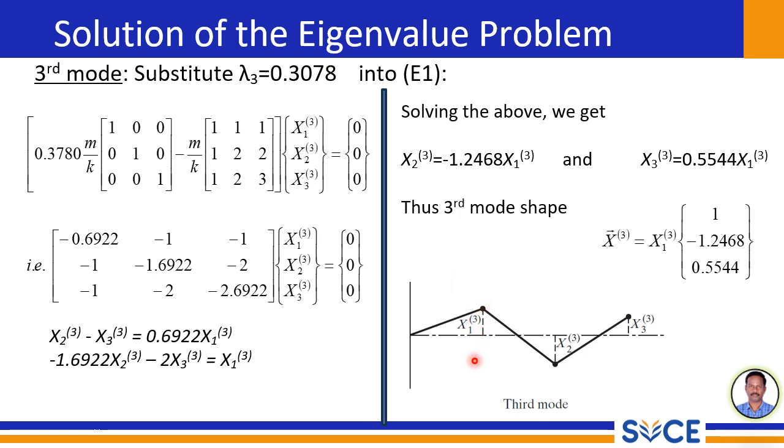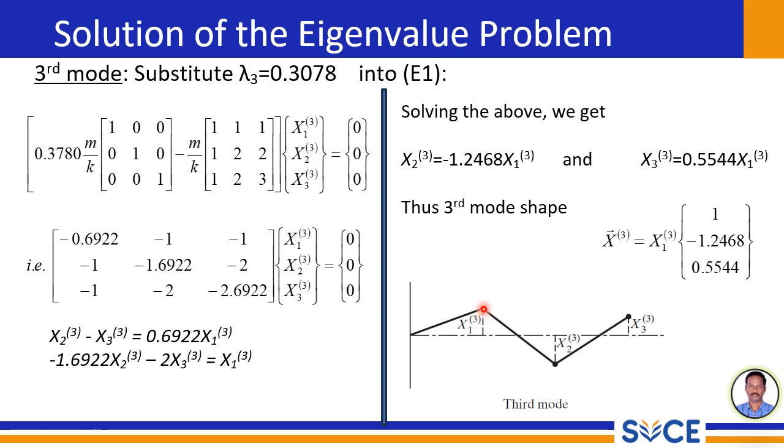At the first mass position, since we assumed x1 equal to 1, you draw a 1 centimeter line. At mass position 2, you draw minus 1.2468, that is below this line. Since it is negative, draw a line of 1.2468 centimeter below. Then at the third mass position you draw a line of 0.5544 centimeter.